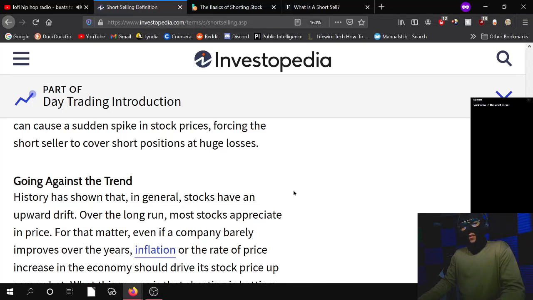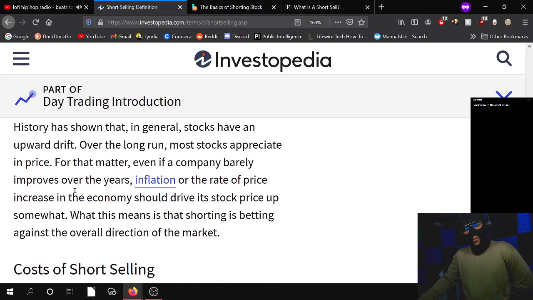Going against the trend. History has shown that, in general, stocks have an upward drift over the long run. Most stocks appreciate in price for that matter, even if a company barely improves over the years. Inflation, or the rate of price increase in the economy, should drive its stock price up somewhat. What this means is that shorting is betting against the overall direction of the market.